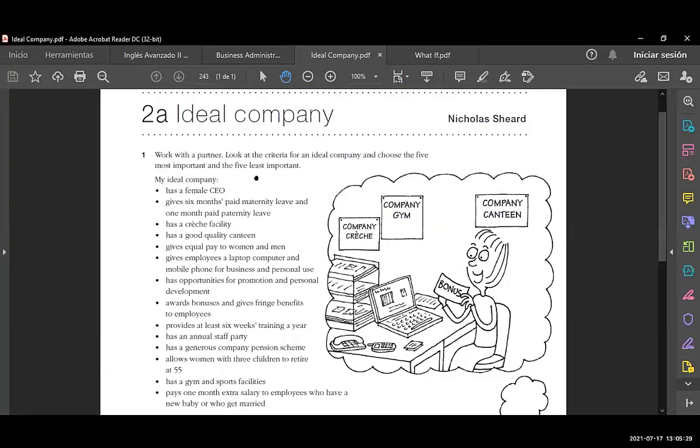So work with a partner, look at the criteria for an ideal company and choose the 5 most important and the 5 less important. So all of us would love to work in a perfect place, in an ideal company. For example, it's a place in which you can go out when you want to, or when you can eat, or something like that.